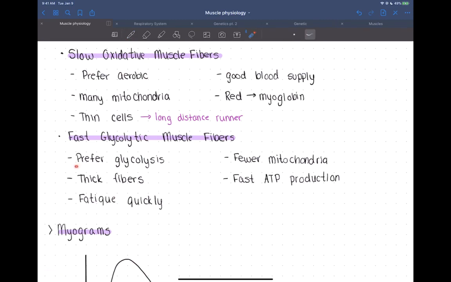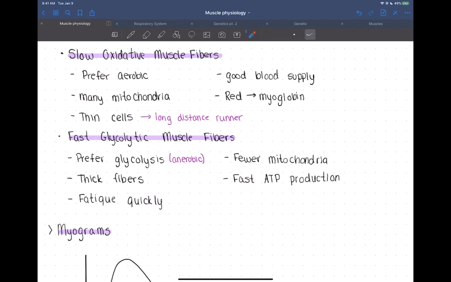Let's compare that to our fast glycolytic fibers. They prefer glycolysis, so this would be the anaerobic, without oxygen route, just using the ATP made during glycolysis. Those muscle cells have fewer mitochondria. They don't really need them because they're not going the aerobic route as often.